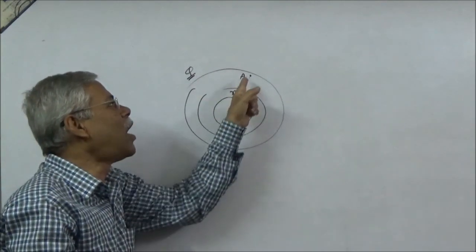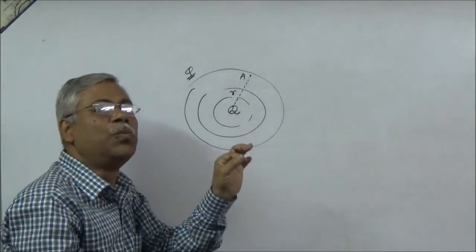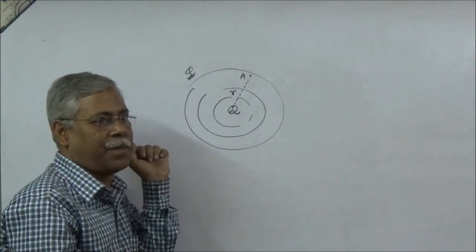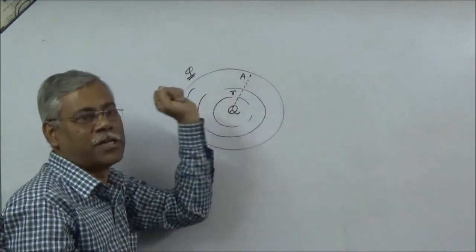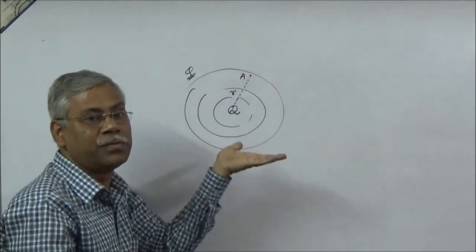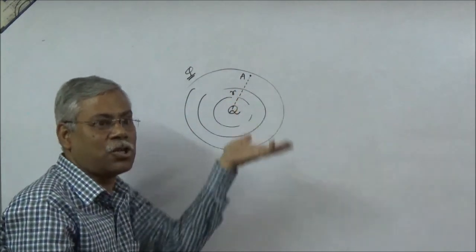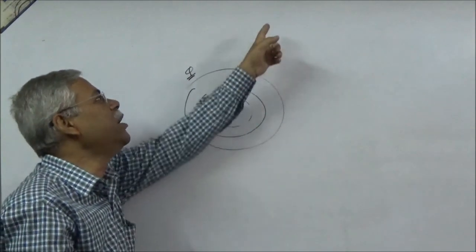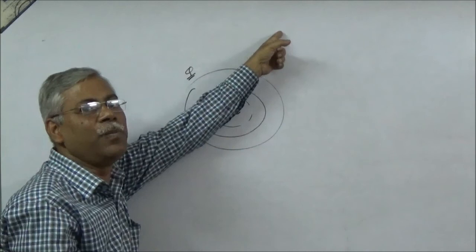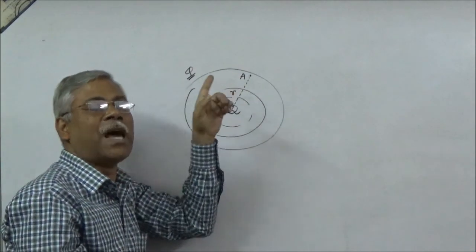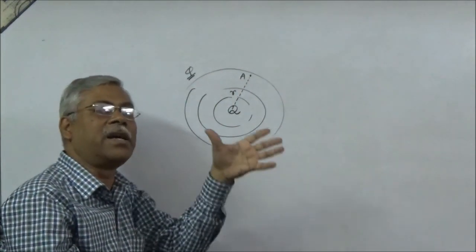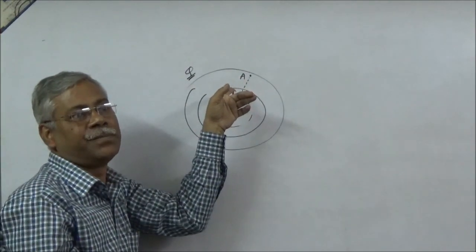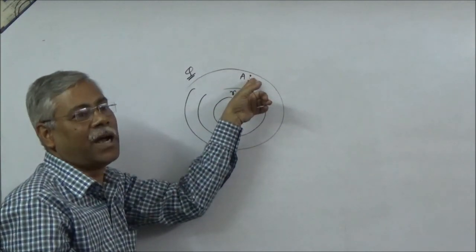It is the work done by an external agent to bring a unit positive charge from infinity to this point. How? Fast or slowly? Slowly. He will very slowly bring a unit positive charge from infinity to this point. The amount of work that the external agent will do in bringing this charge is the potential at this point.